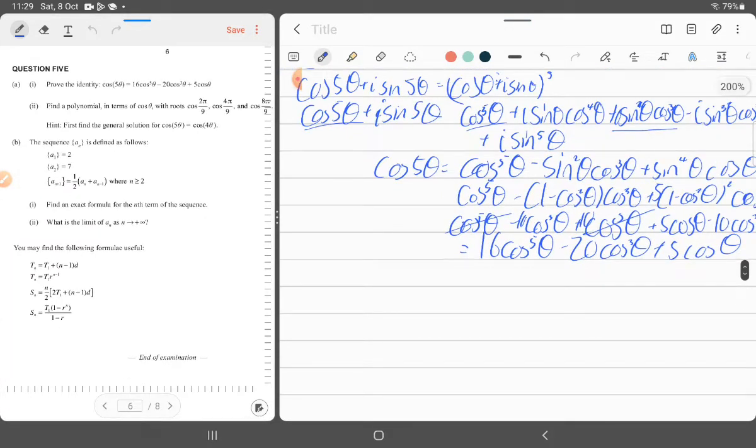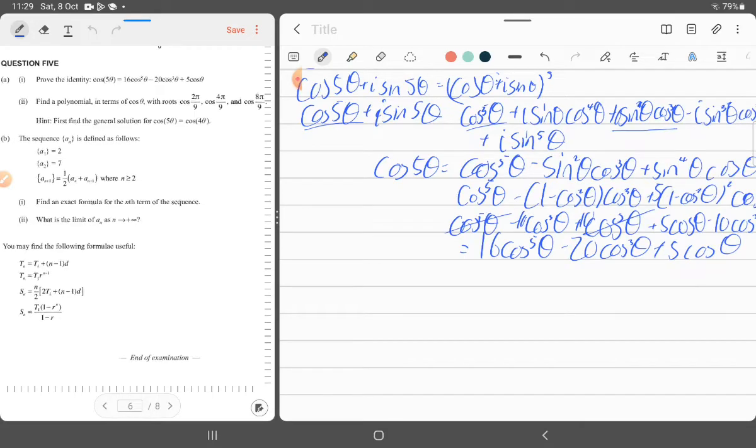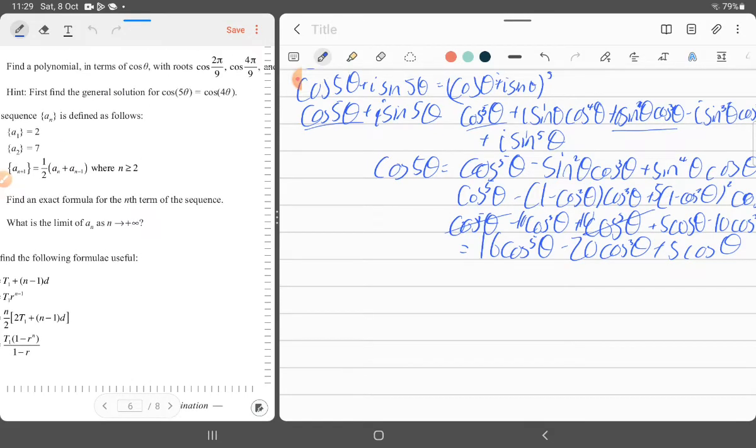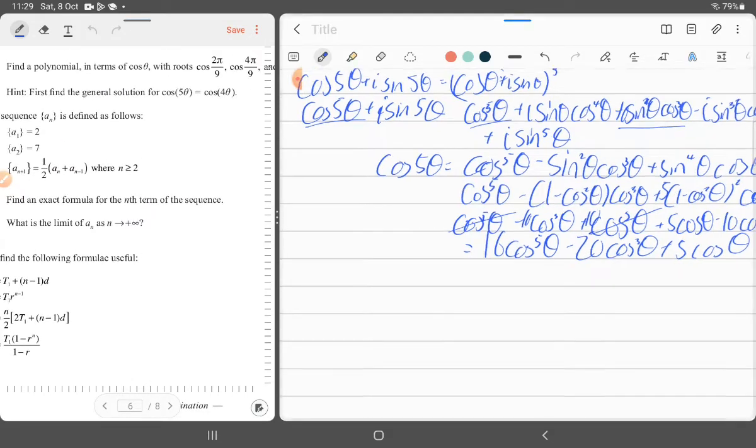Find a polynomial in terms of cosine theta with roots cosine 2 pi over 5, cosine 4 pi over 5, and cosine 8 pi over 5. First, find the general solutions for 5 theta.